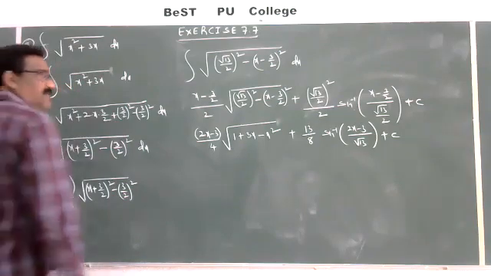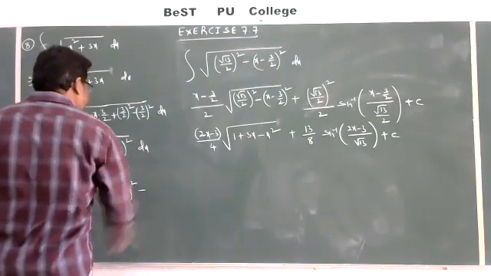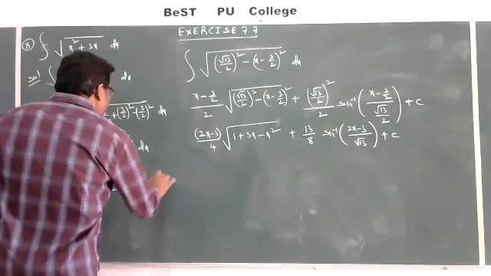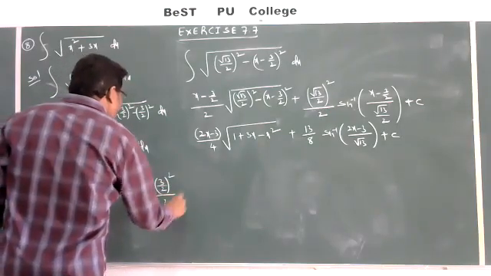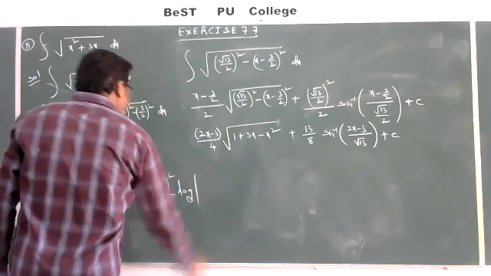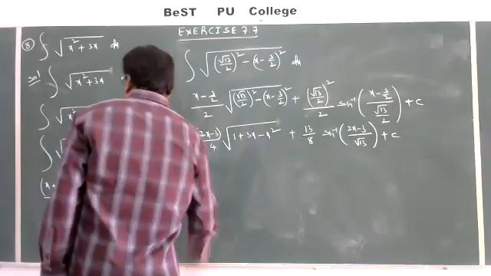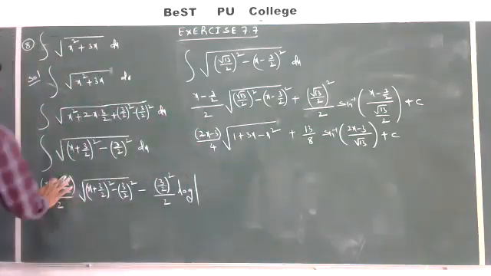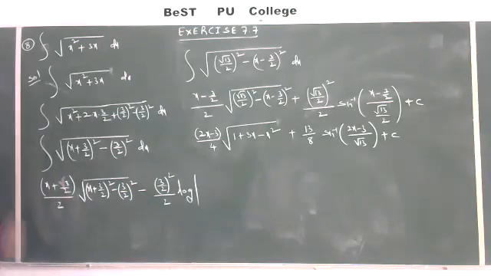Minus a square by 2, 3 by 2 whole square by 2 into log mod x plus 3 by 2. This is not root 3.